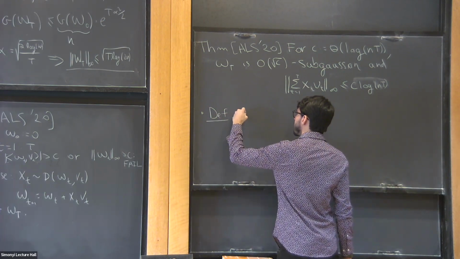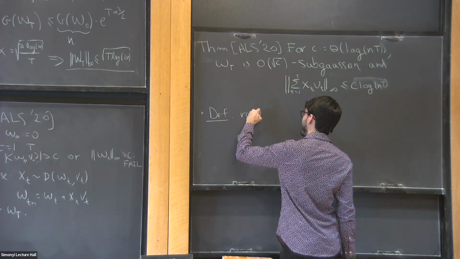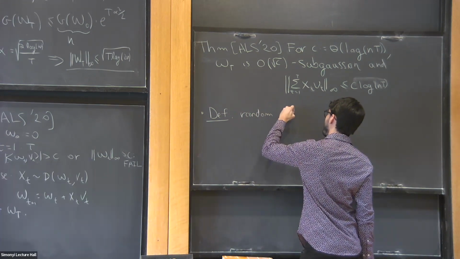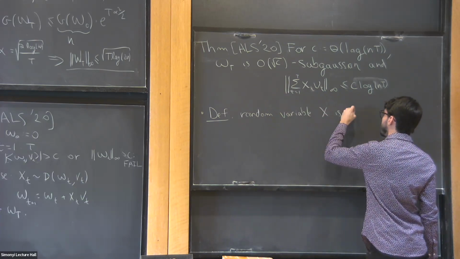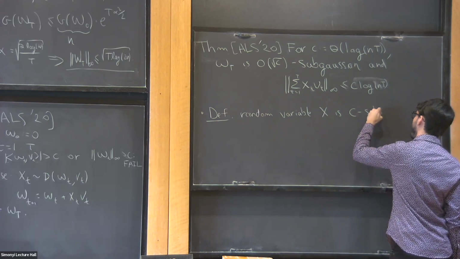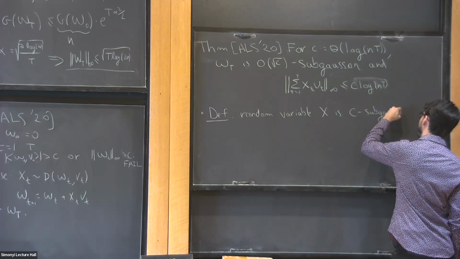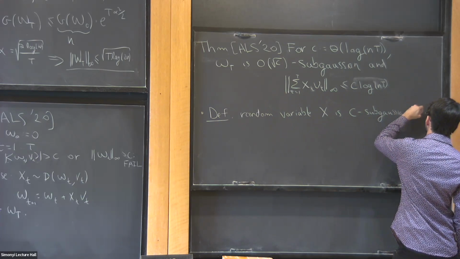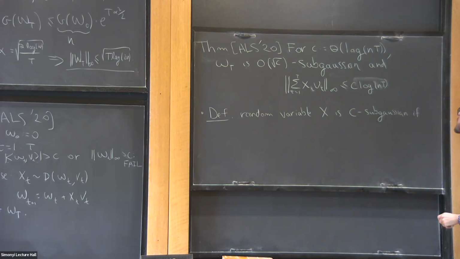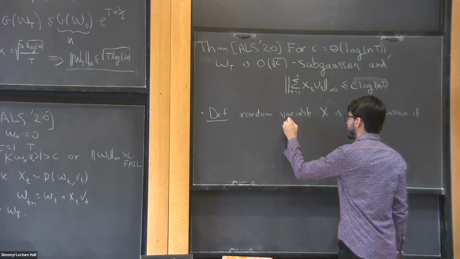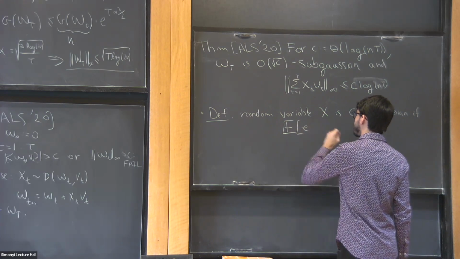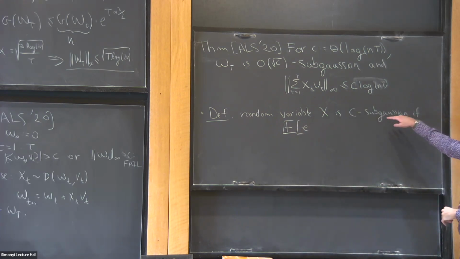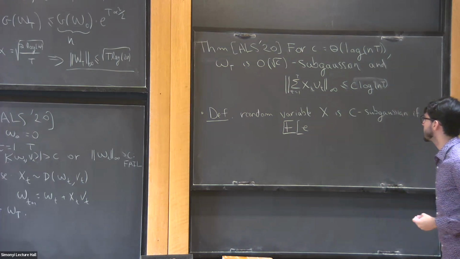A random variable X is C-sub-Gaussian. Well, there are at least three ways to define this, and I'll give you all of them. Essentially it means that the tails are bounded by the tails of a Gaussian, that it's upper bounded by a Gaussian in some sense.